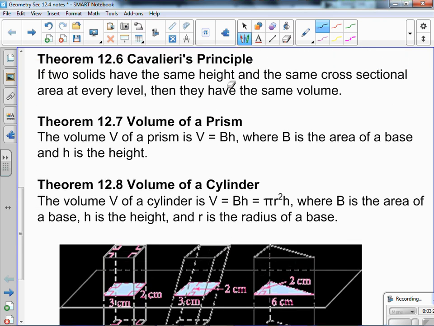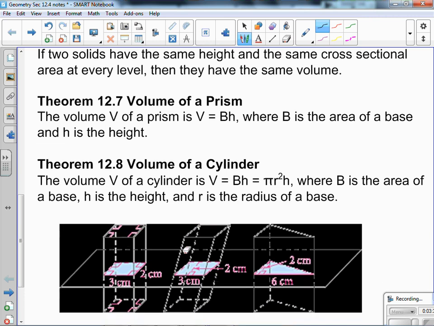And it says that the solids have the same height and the same cross-sectional area. So all 3 of these are the exact same height of the prism. And when we look at the cross-sections, we have a square here, what looks like a parallelogram here, and a triangle here.